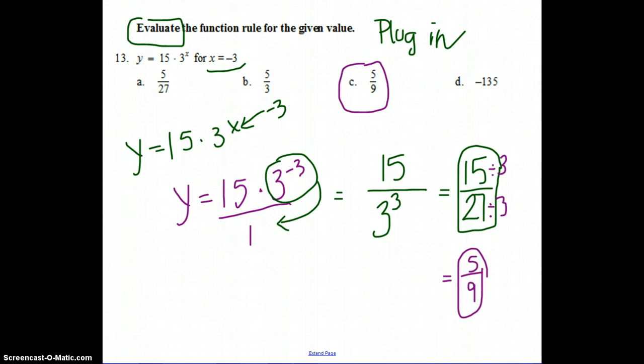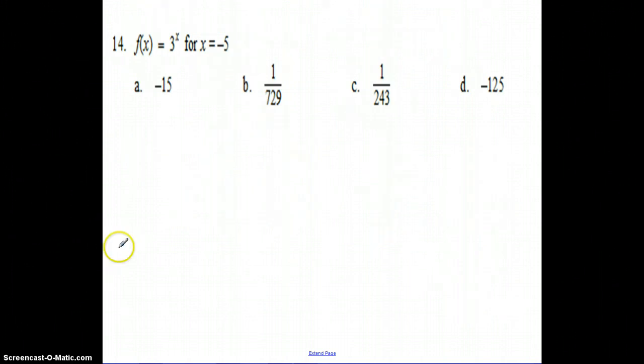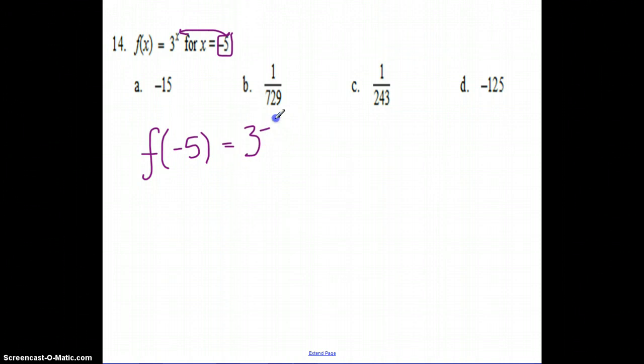Okay, next problem. This is another one of those things where they want us to take a value and plug it in. So I'm going to take my f of x, and instead of having x, I'm going to put negative 5 in all the spots where x is at. Now this is one where I have a negative exponent, so that means that I'm going to have to put it over 1.